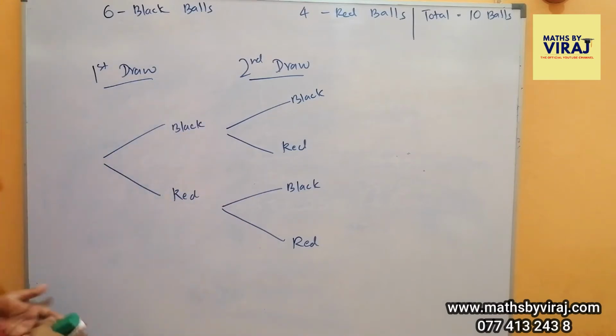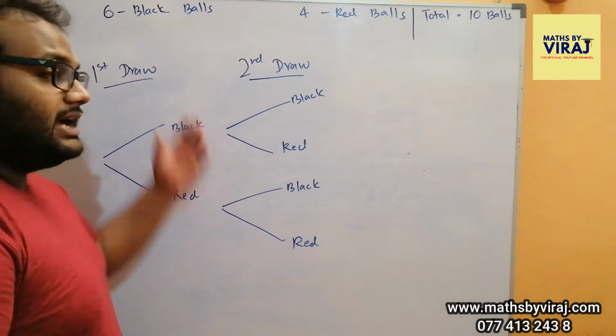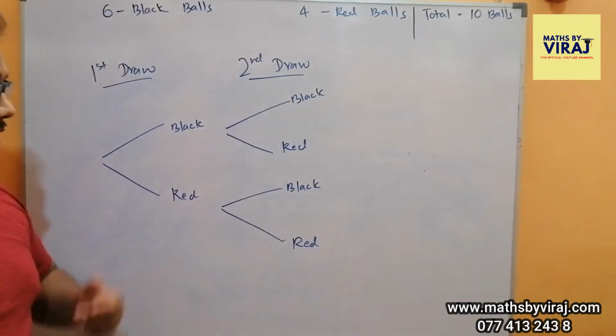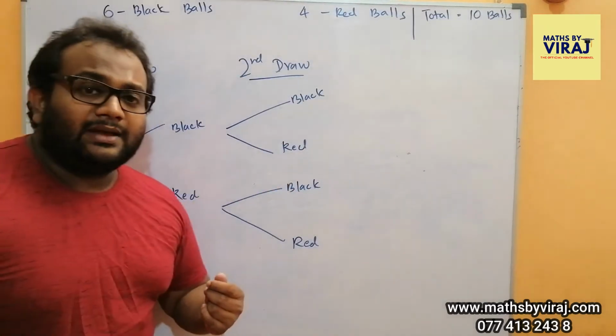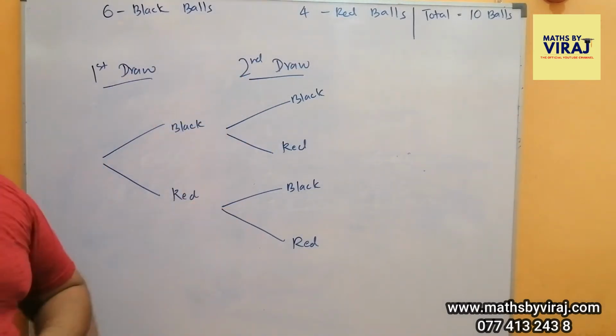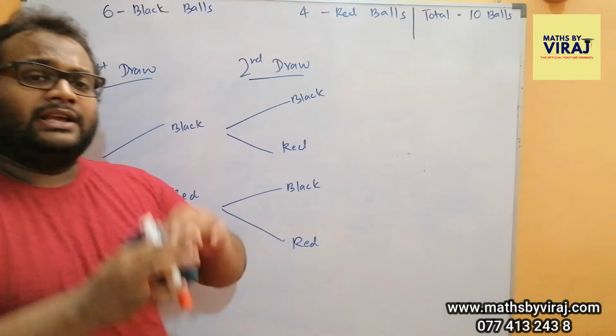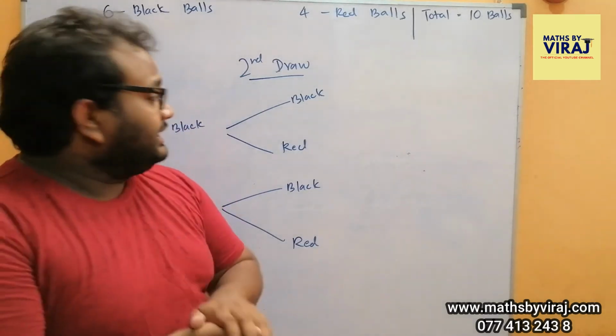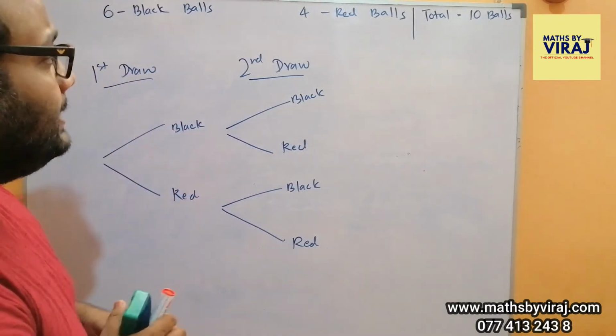Or in the first place, I could pick a red ball, and in the second row, again I could pick a red ball, or else I can end up picking a black ball. So these are the only 4 ways that I could take 2 balls from the bag.